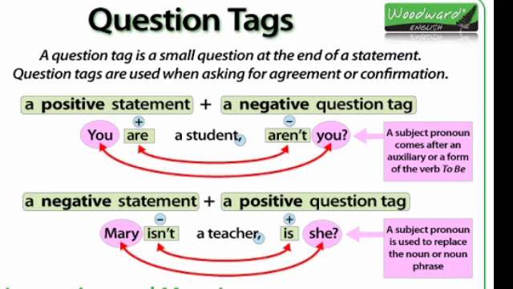Then here the subject is Mary. So, don't write Mary. Instead, we should write the pronoun. So, Mary is a female. So, we should write there the pronoun she. So, is she. So, children, a positive statement always takes a negative tag and a negative statement always takes a positive tag. And auxiliary verbs are taken as question tags.